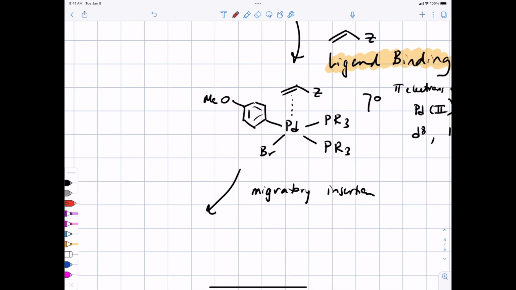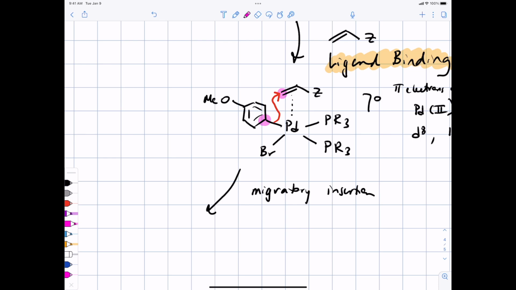So what will happen is the sp2 carbon of your original aryl halide, the one that's bonded to the metal, is going to get transferred to and make a bond to the sp2 hybridized carbon of your olefin.